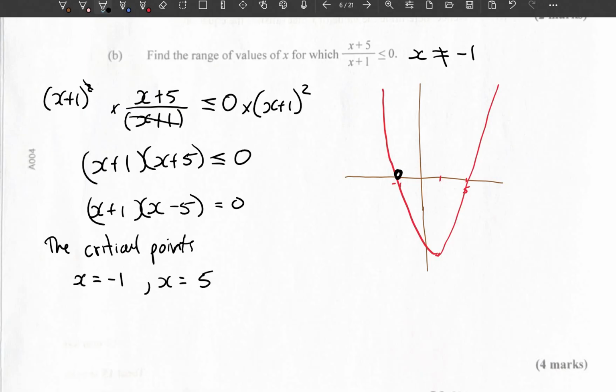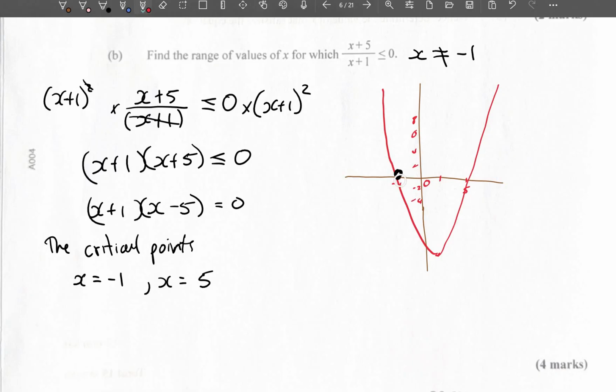This wants to know where this quadratic is less than or equal to 0. I know I have 0 here, this would be 1, this would be 2, 4, 6, 8, and here would be -2, -4 going down.